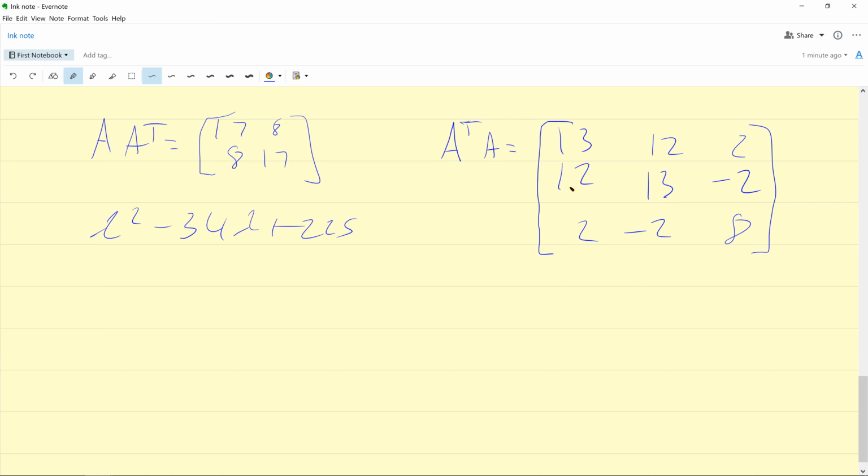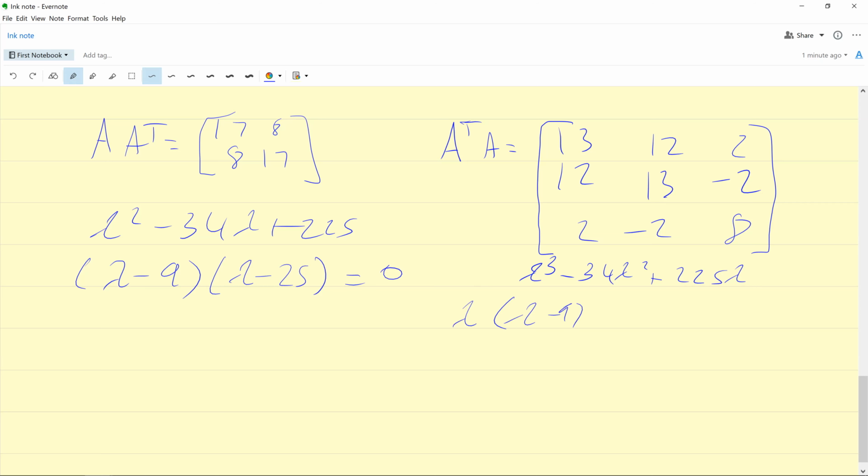And this computation is much longer than what I watched you guys do, but if you go through and actually take this whole determinant, you get the same thing, but with an extra lambda for each term. So this factors as lambda minus 9, lambda minus 25 equals 0. And this one factors as lambda times lambda minus 9, lambda minus 25 equals 0.